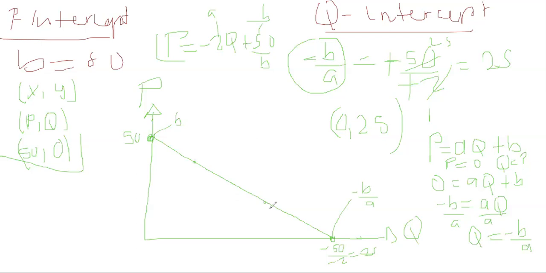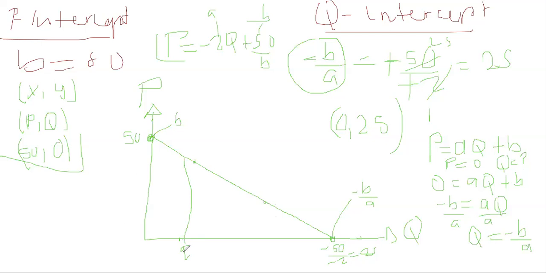For example, when Q is, let's say, 9, let's say here 9, we might want to know what will be the price. You understand? That is the second part of the question. I don't want to go further.